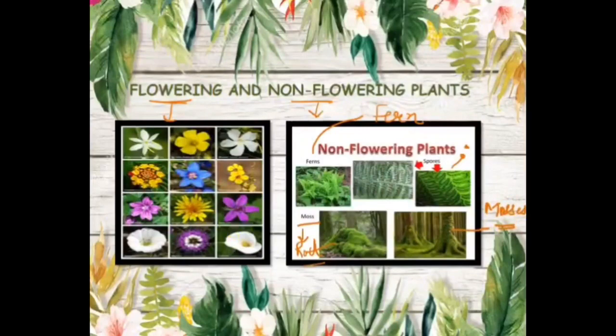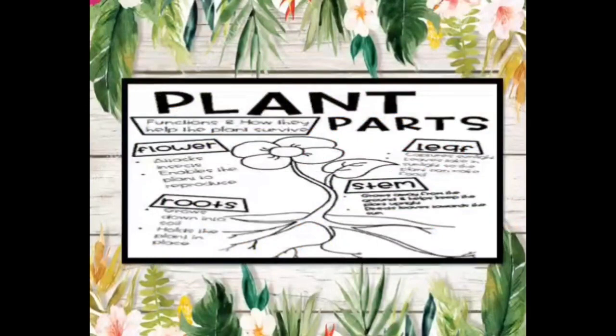Coming to the next slide, that is plant parts. Students, you already know about the different parts of the plant from your previous classes, that a plant is basically made up of different parts, like root, stem, leaf, and flowers, and each different part performs a different function.